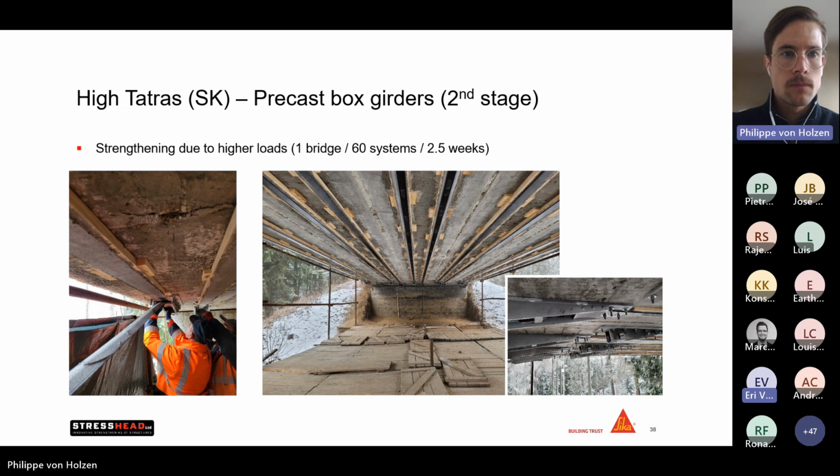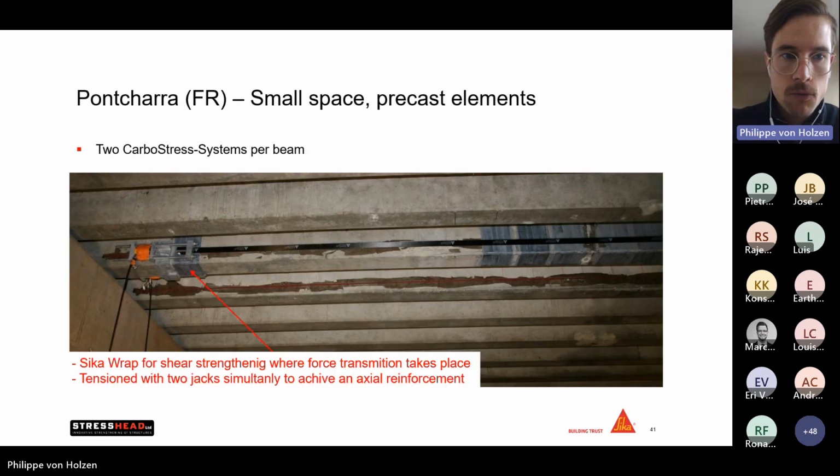They're asking, can you instead install the plates on the side of the beam rather than using a mortar to flush it out, make it flat? Absolutely. The system could be installed in the bottom section of the beam or as well on the sides, as you, for example, have seen in the project in France. That depends where we have a better access to the system or where it makes more sense to install it.